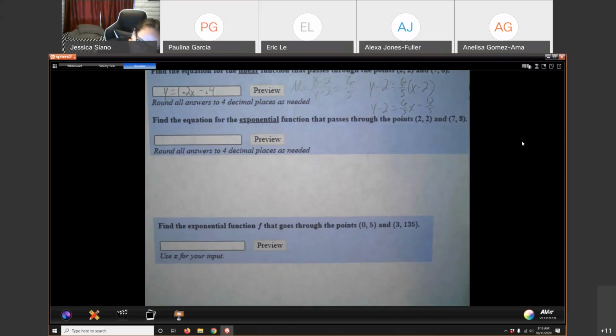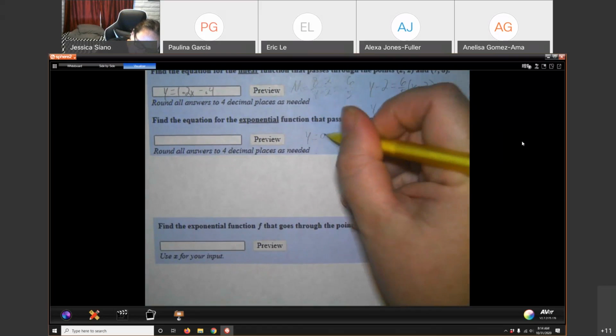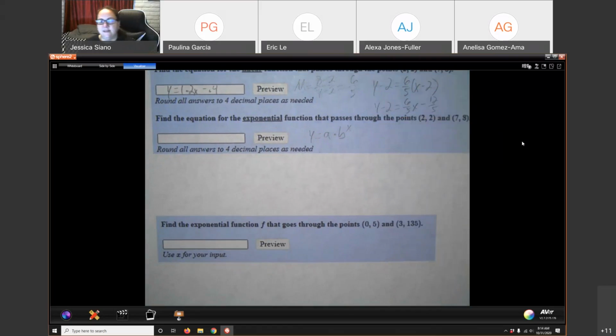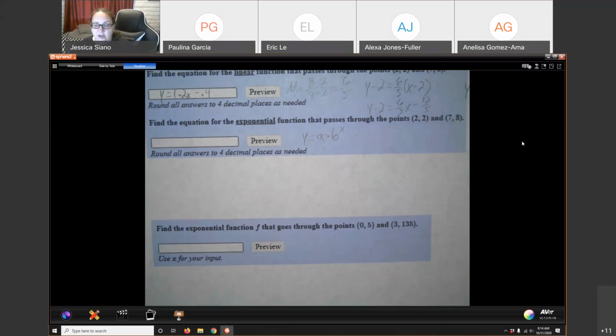For the exponential equation, our basic equation here is y equals a times b to the x, where a is my number in front and b is my base. There are a few different ways to do these, but in my opinion, using the calculator is going to be the easiest way.